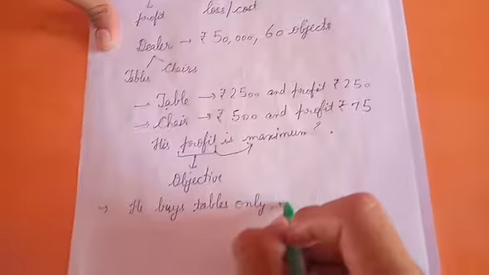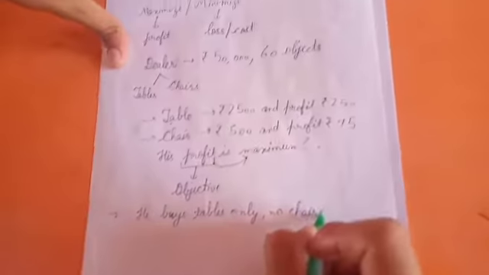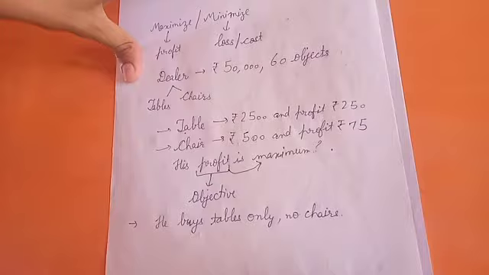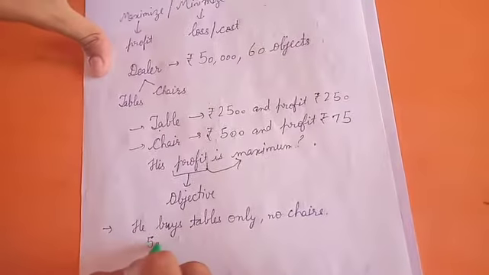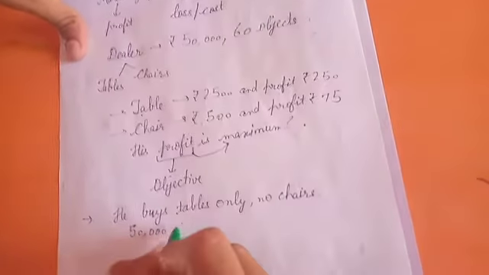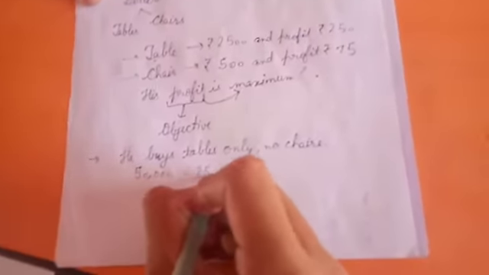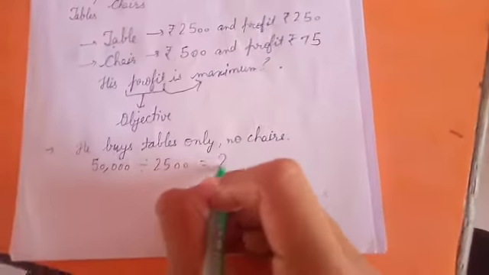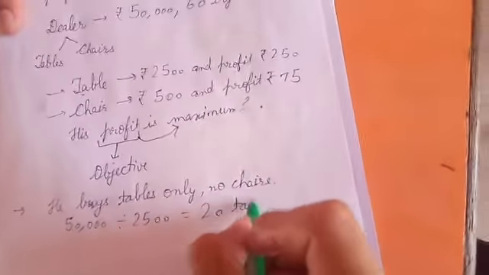Tables only means no chairs. Okay, so how many items will he be able to buy? 50,000 divided by 2,500, so it is equal to 20 tables.